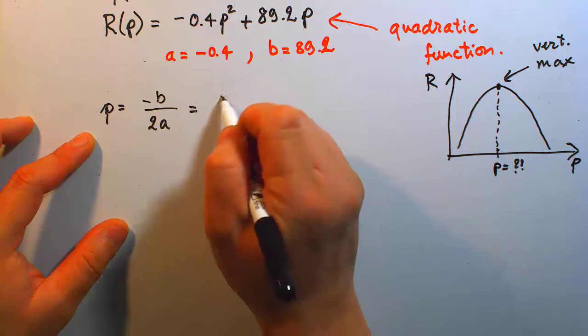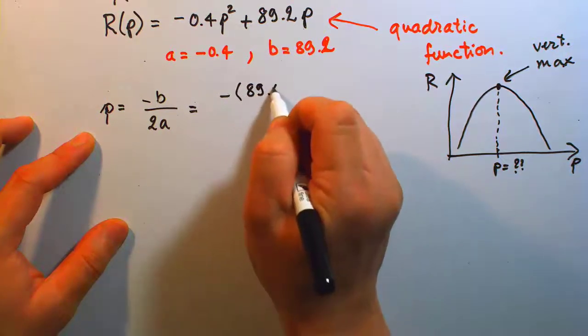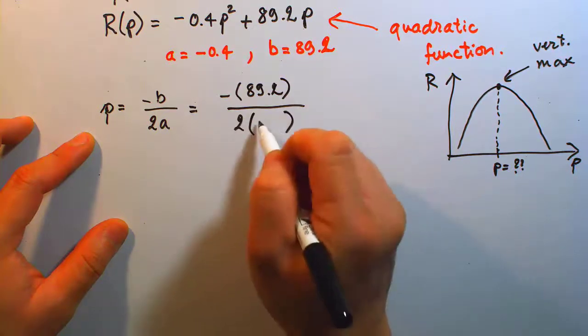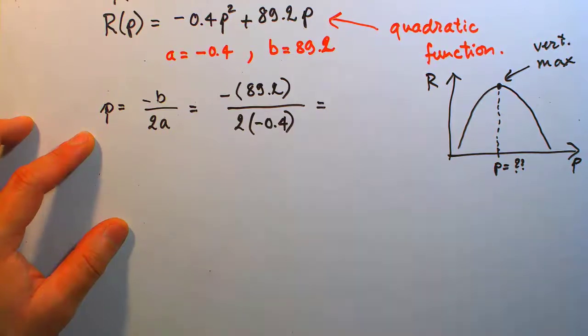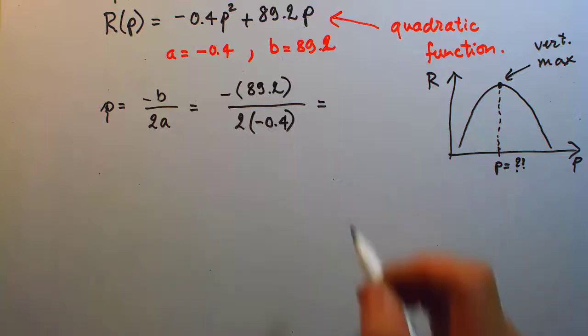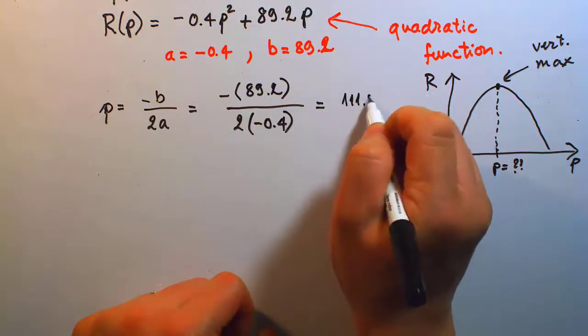After setting up the formula, the substitution simply comes in: minus 89.2 over 2 times A, substituted by negative 0.4, which in calculation comes out to be positive $111.5.